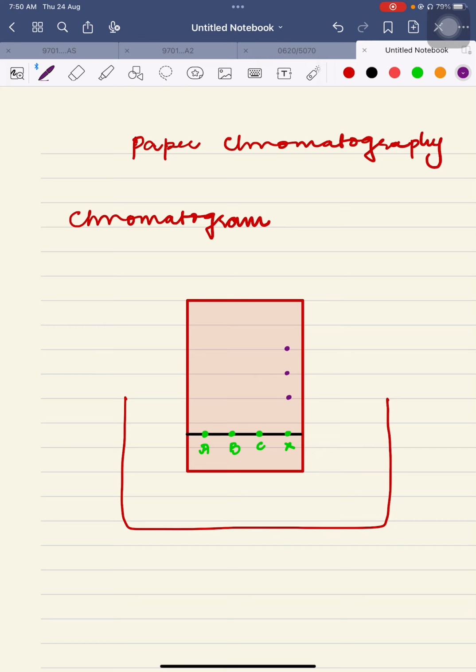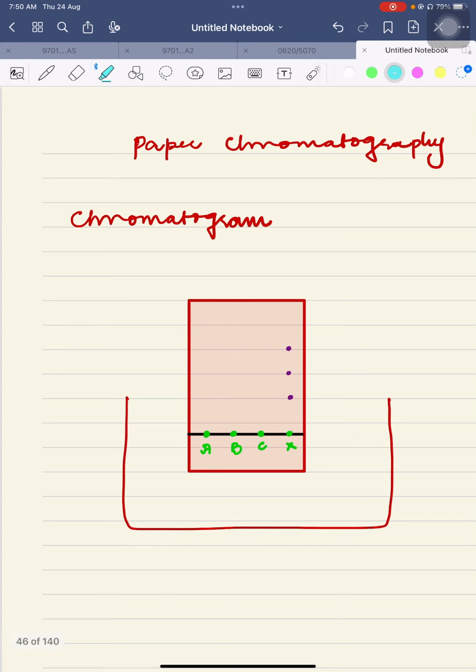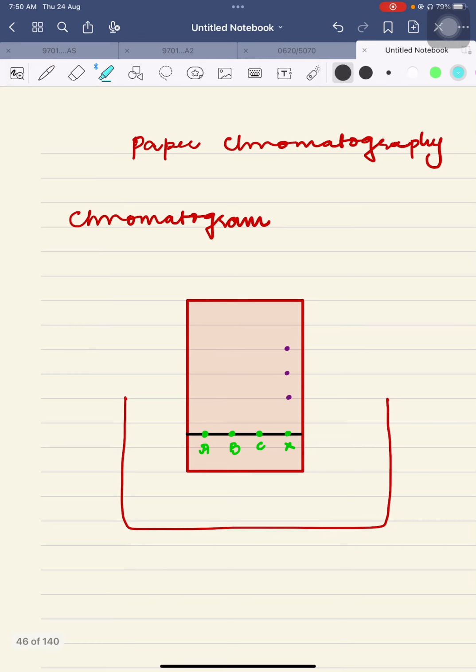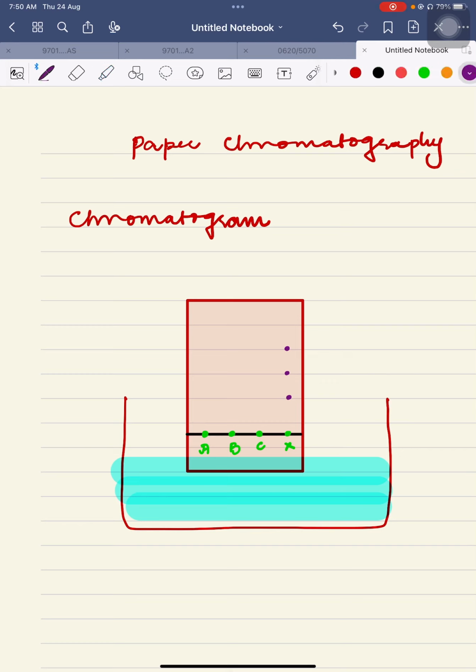Before converting X into different spots, I would like to inform you that this is water, for example, and here is the level to which it is immersed. This is the level of the water, and the paper is immersed till this level. Remember, the start line must not go inside the water.